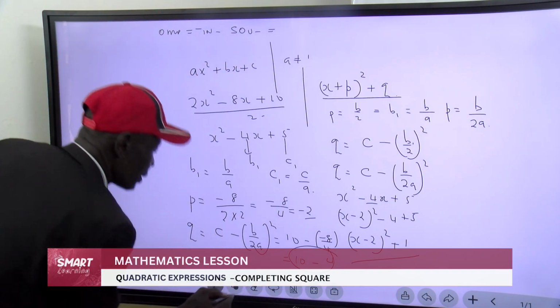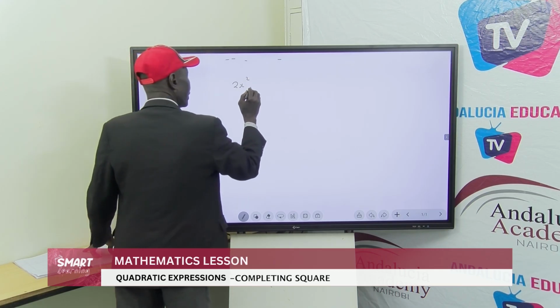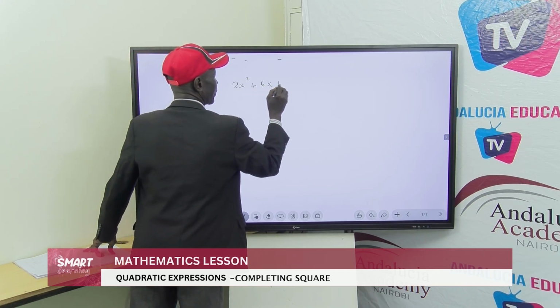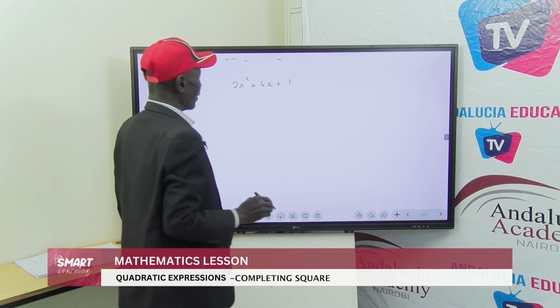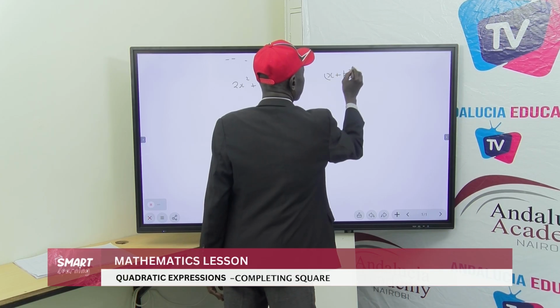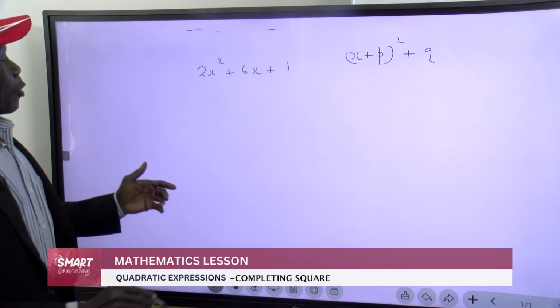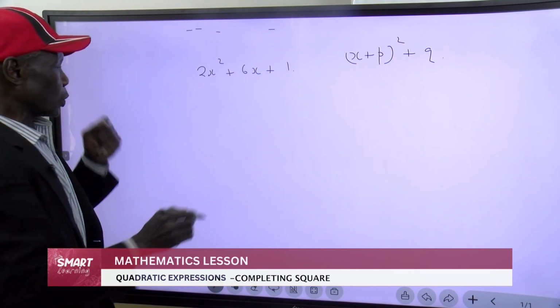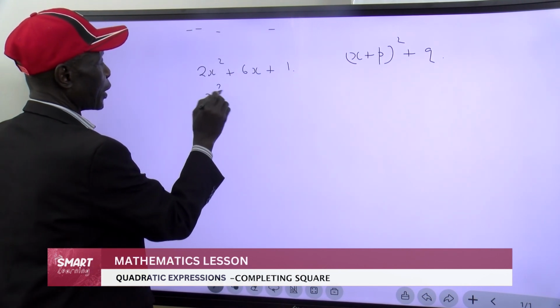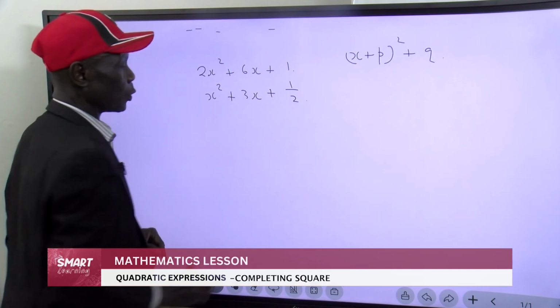Let's get another example. 2x squared plus 6x plus 1. Now, I want to write it in the form of x plus p squared plus q. Of course, we have to divide everything by 2, which becomes x squared plus 3x plus 1 over 2.